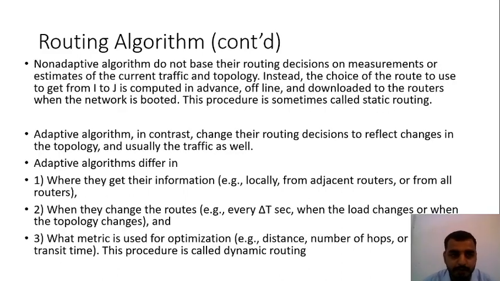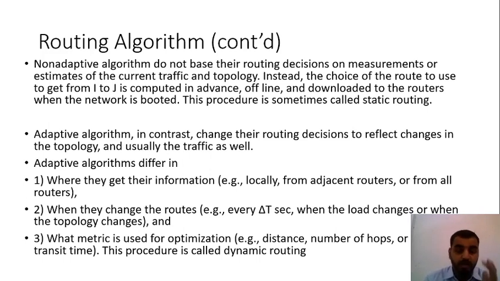Now coming forward, it says non-adaptive algorithms do not base their routing decisions on measurements or estimates of the current traffic and topology. Topology means how the network is connected.